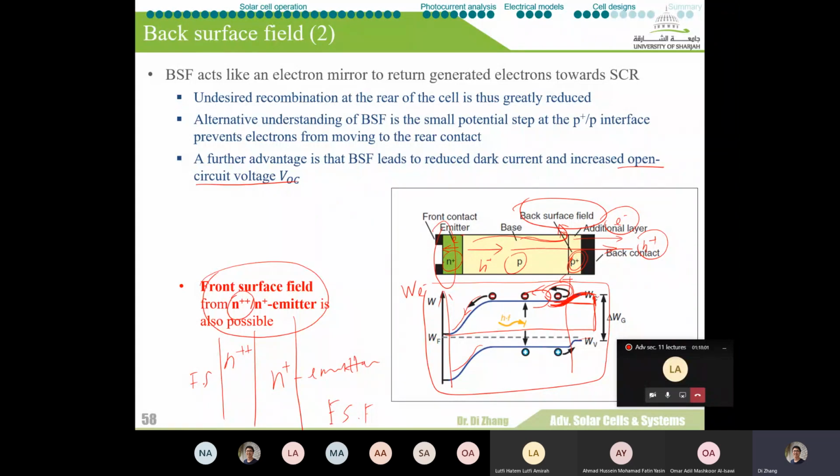You can also see this phenomenon later in other solar cells that we talk about. For instance, for thin film solar cells, a very typical electrode is the so-called ITO, a transparent conductor, which stands for indium tin oxide.